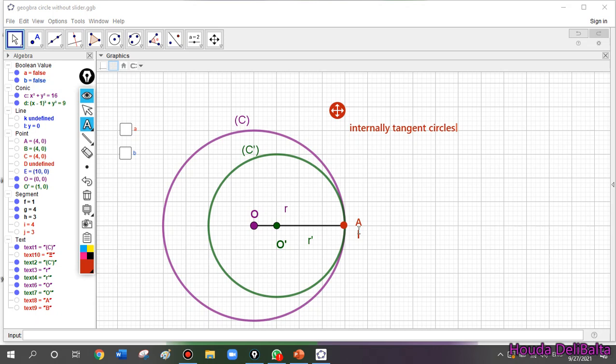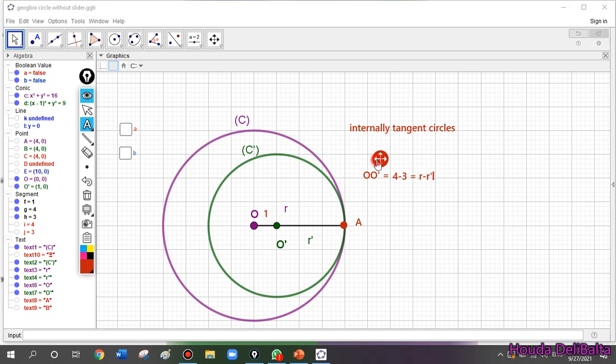Let's notice something concerning the distance between the centers. If you count the distance here, OO prime is exactly 1. What is 1? 1 is exactly 4 minus 3, which is the difference between the bigger radius and the smaller radius.